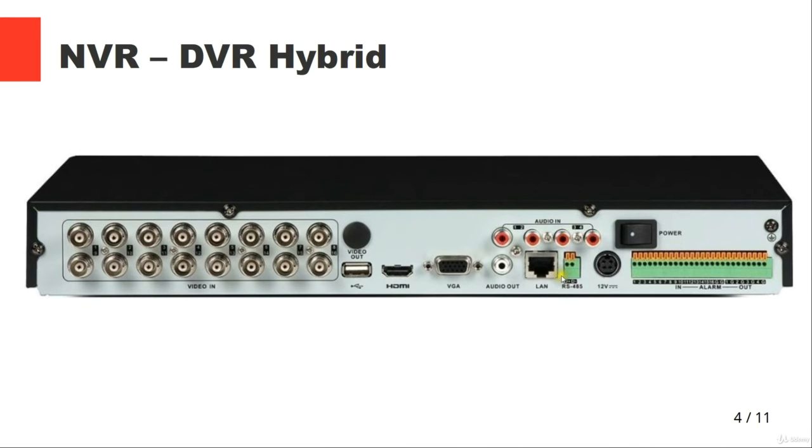RS485, which will be for PTZ mostly, and your connection to your power supply, power on off, and alarms, in and out. So, as you can see, most of them look the same, but features might be slightly different, may have slightly better parameters, like for instance, they can handle much higher resolutions, or more cameras, or have additional features like some intelligent features. Anyway, that's a hybrid.